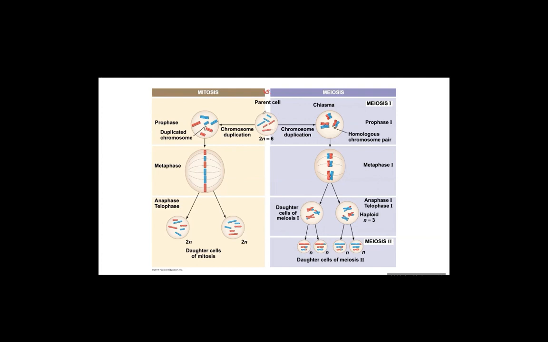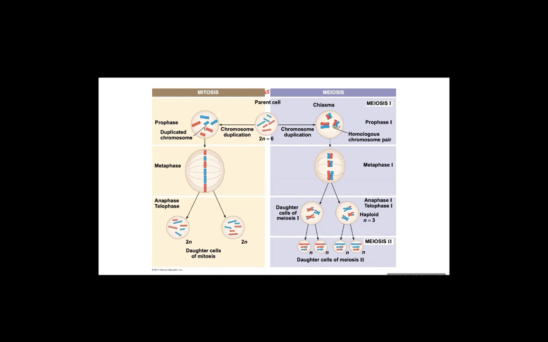And then even before duplication occurs, you can find homologous chromosomes. This and this, a pair of homologous chromosomes. And this and this, a pair of homologous chromosomes, right? In mitosis, prophase, the chromosomes are duplicated. In meiosis 1, prophase 1, the chromosomes are also already duplicated.